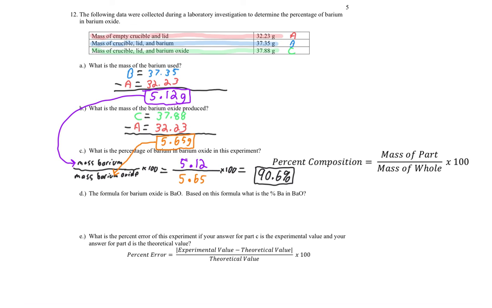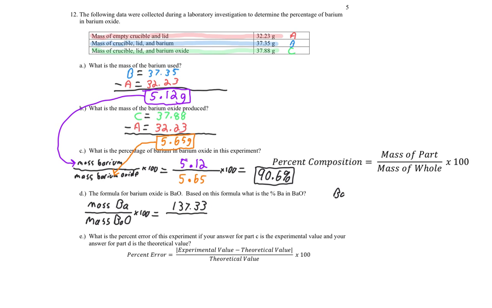Now, the real formula for barium oxide is BaO. So I need to take the mass of Ba and divide it by the formula mass of BaO. I can find all of this on my periodic table. The mass of barium ends up being 137.33, right from the periodic table. Barium is in the second column.